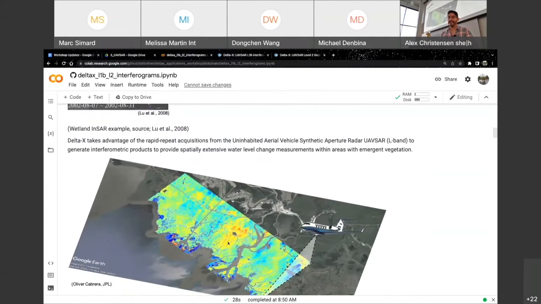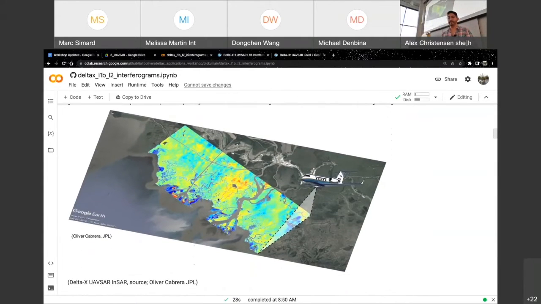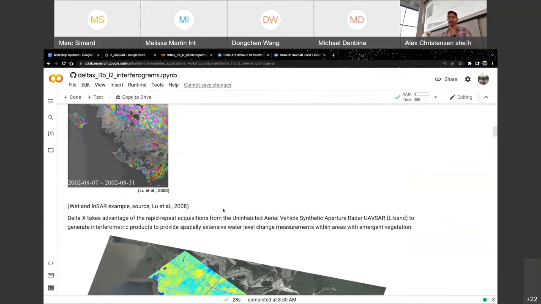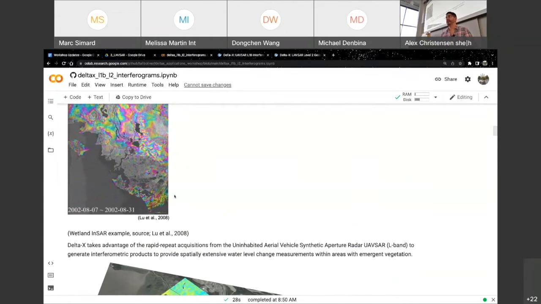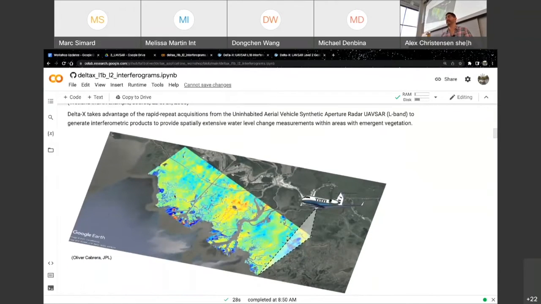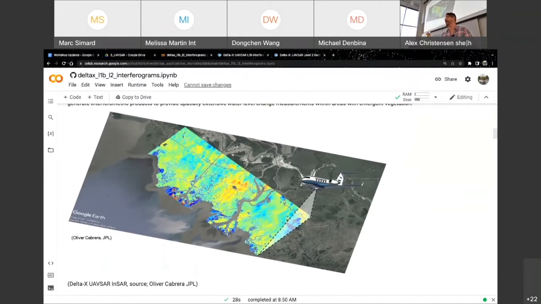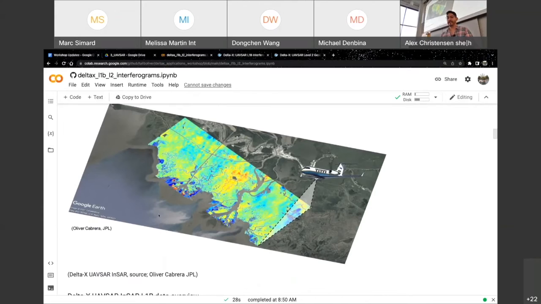But with a data set like UAVSAR, we have good coherence in the delta area because we have a very fast revisit. So the delta is clear in this type of data set. So just keep that in mind. If you ever happen to work with satellite data and expect it to look like this UAVSAR data set, it won't look like that. There's a very big difference just because of the revisit time and how the vegetation and the water changed as well.